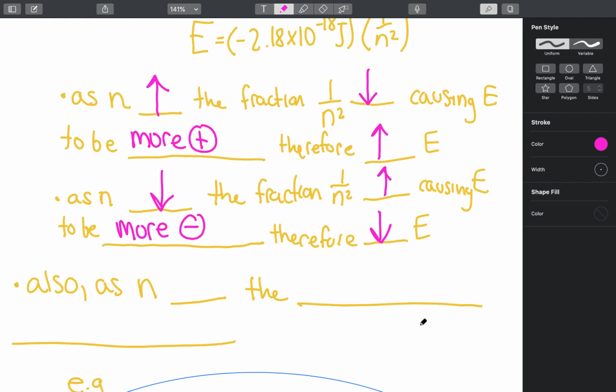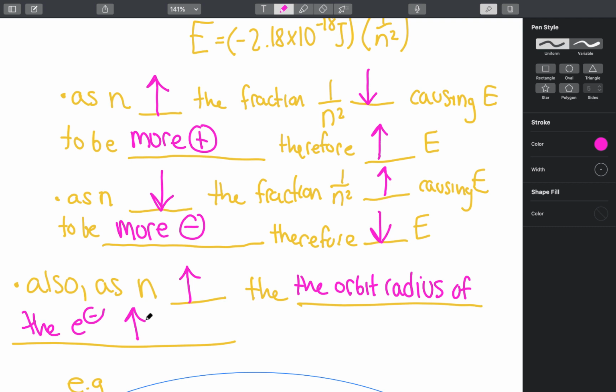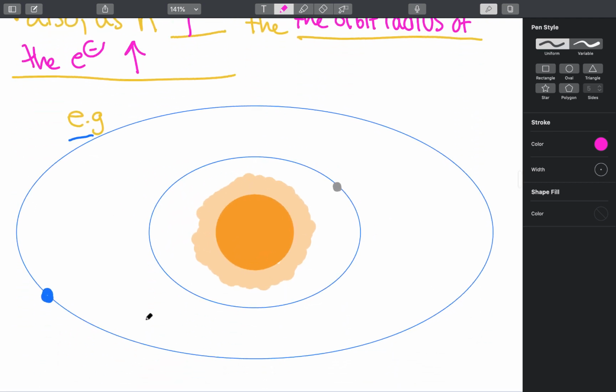Okay? So now that we know how energy and n are related, I have another thing that you should note. Also, as the value of n increases, the orbit radius of the electron increases as well. So you can sort of think of this as a solar system.